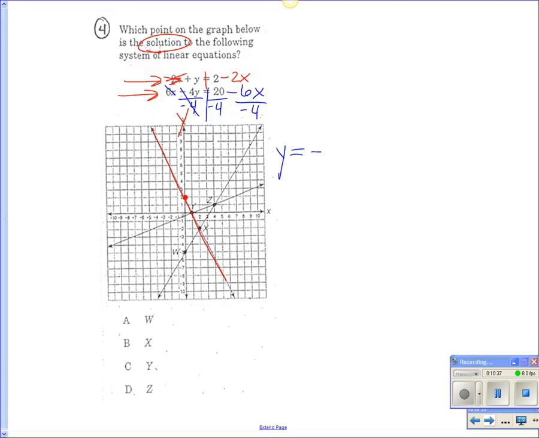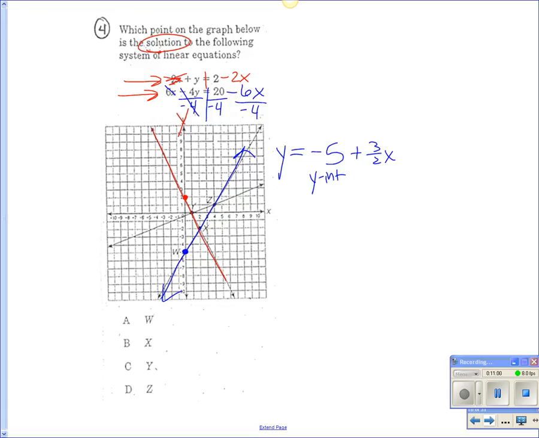Good. And a negative over a negative turns into a? Very good. All right. Which one of these is my y-intercept? So I need the line that goes through negative 5, and I'm going to make that one darker.